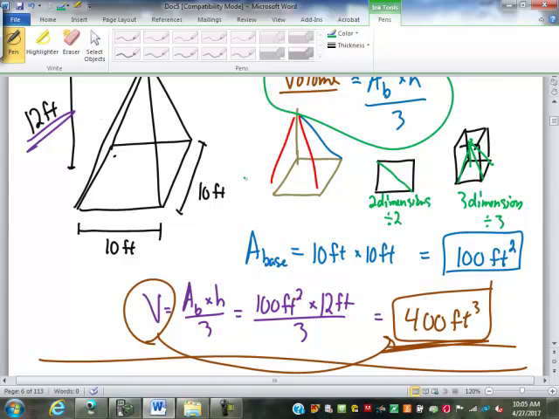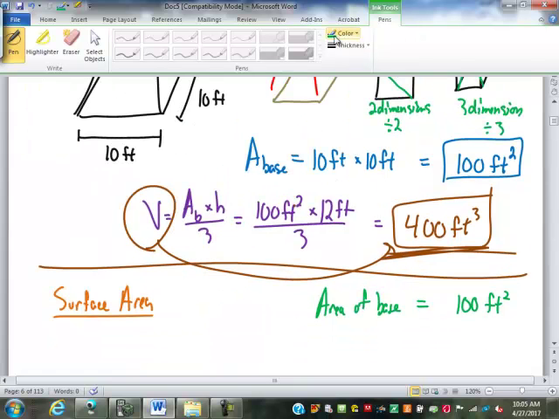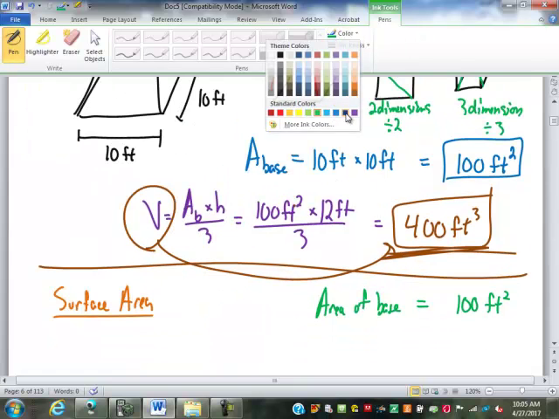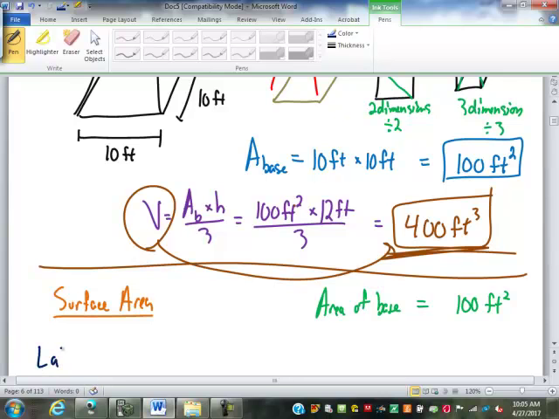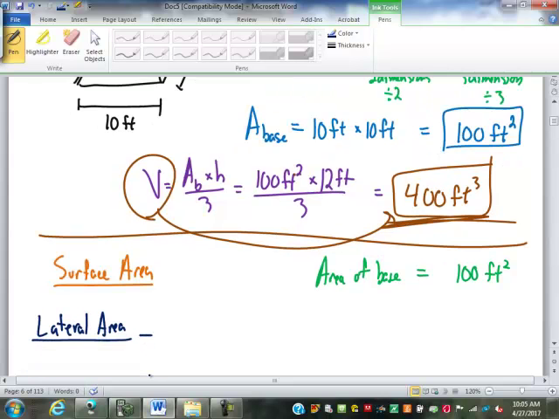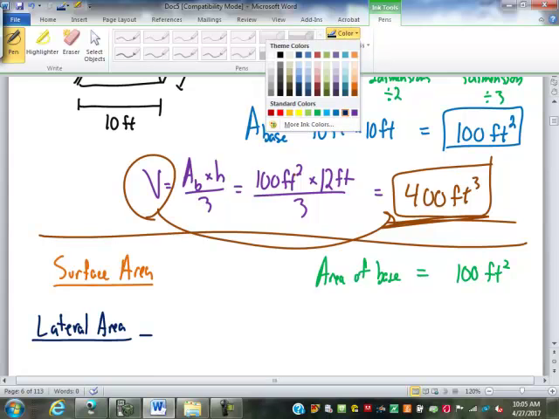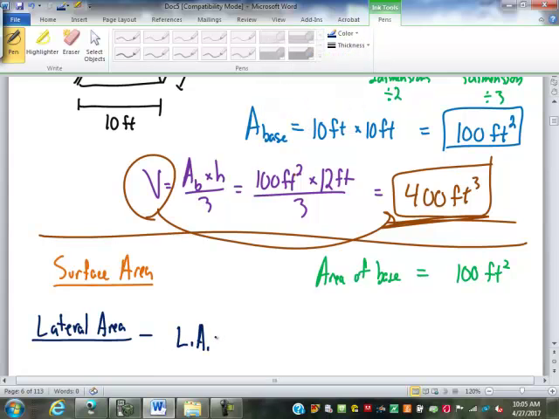The changes come in the lateral surface area. The lateral area still is going to involve the perimeter of the base. But it's not going to be times the height anymore.